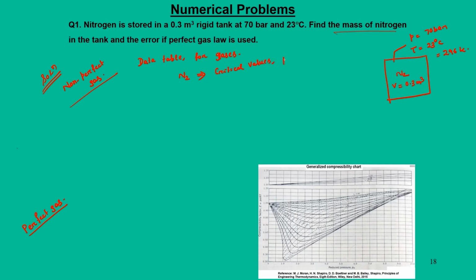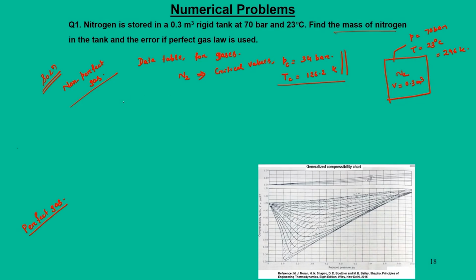One is the critical pressure, which we can note down as 34 bar. The critical temperature for nitrogen is 126.2 Kelvin. More details about these critical conditions will come in the next class, in which we will deal with pure substances. For the time being, let us take these as the critical pressure and critical temperature.